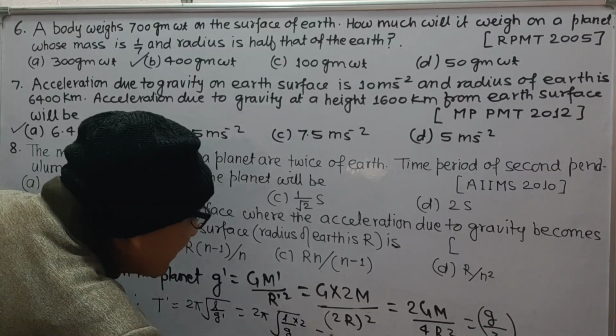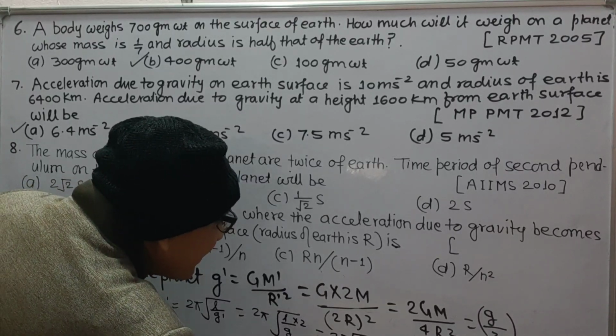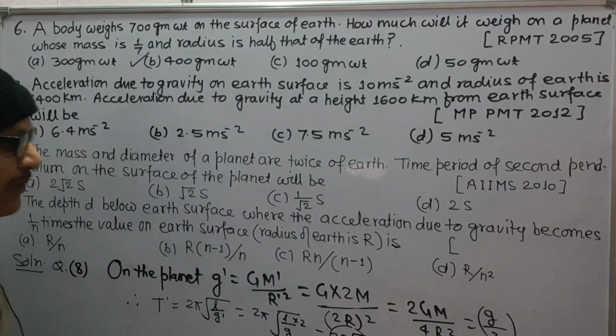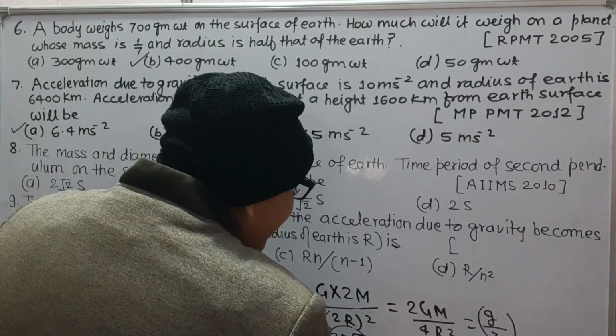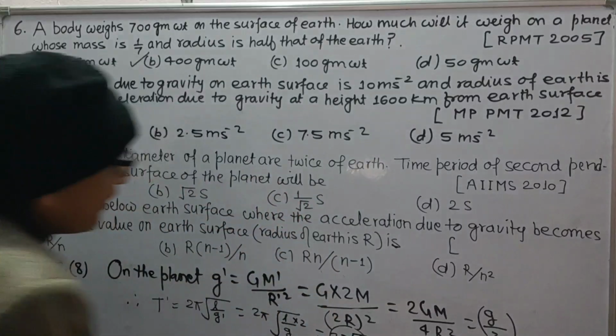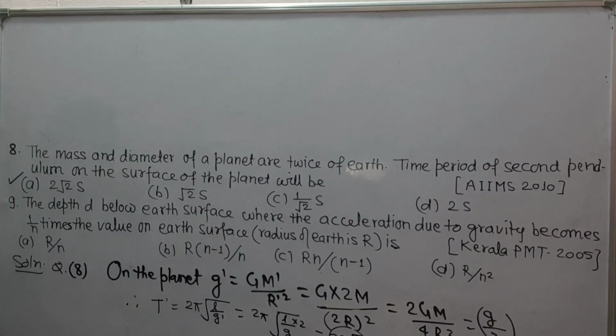So it gives 2 pi under root L by g into root 2, and 2 pi under root L by g is the time period of the second pendulum on earth's surface, which is 2 seconds. So it is 2 root 2 seconds. So the correct option will be 2 root 2 seconds. Option A is correct.